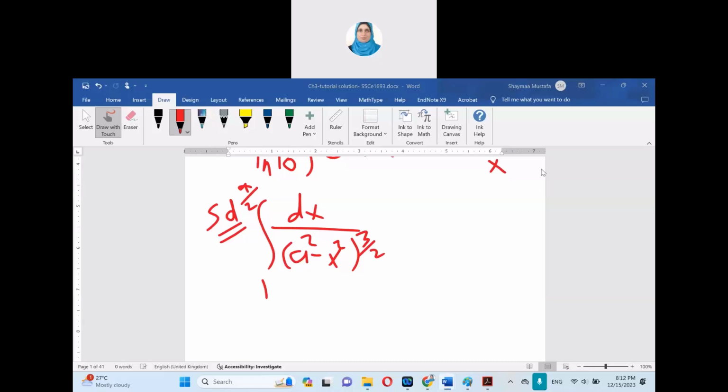Now our substitution is x is a sine theta.